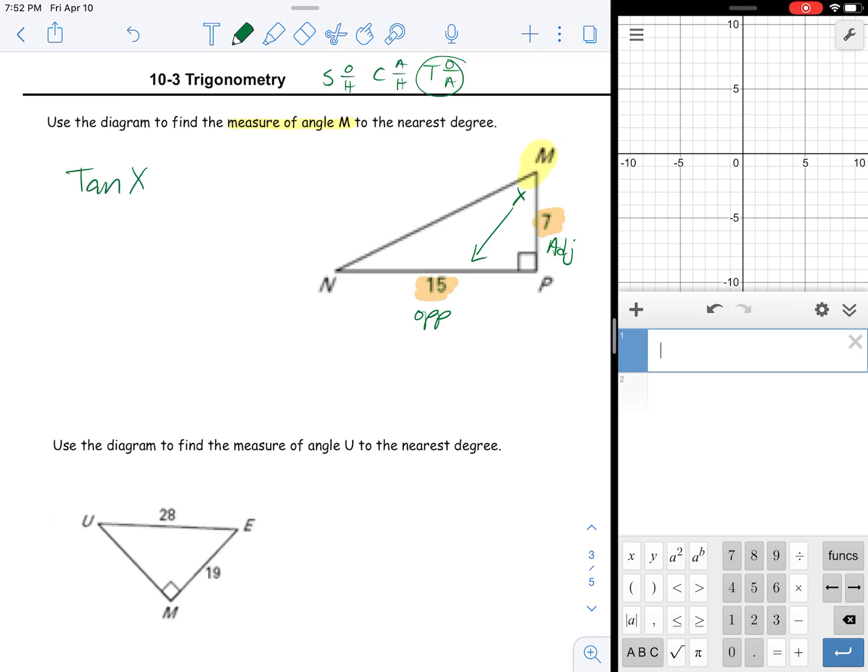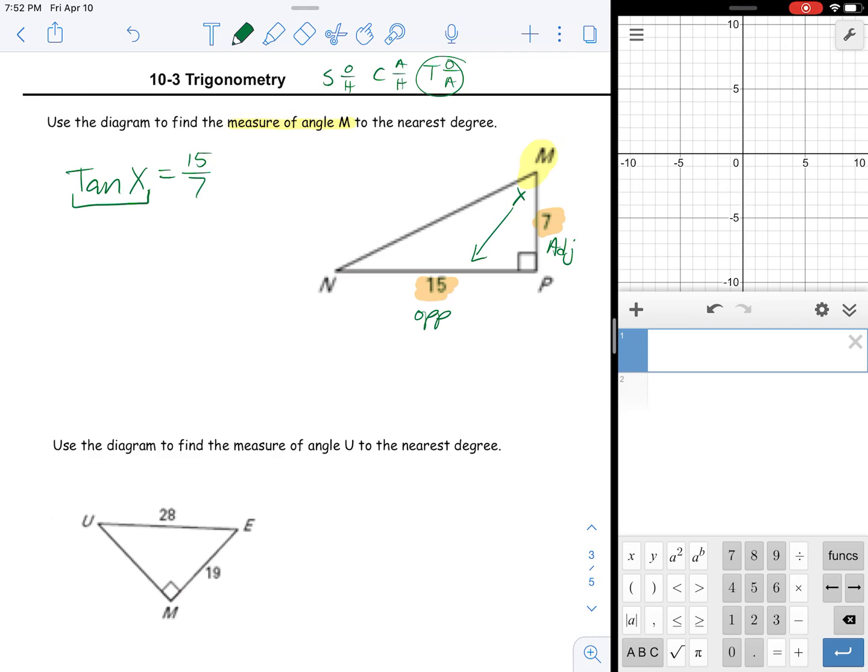The tangent of the angle, which we don't know what it is, equals the opposite over the adjacent. So you set up the initial problem like you always do, and the next step when you're trying to find an angle is, instead of cross multiplying and solving, you can't really take these apart.